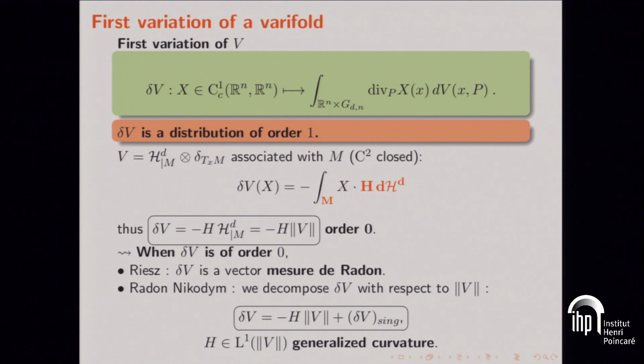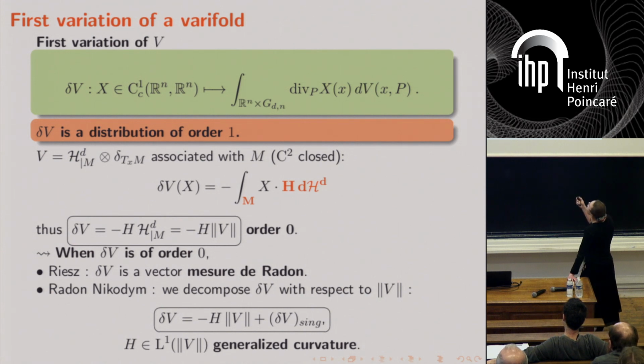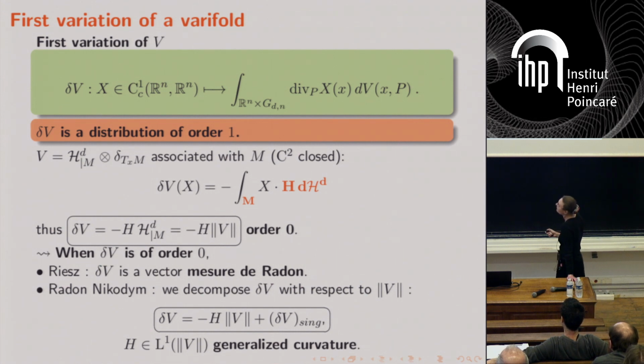So, if you want to really define the curvature, then you take your left-hand side, you see it as a continuous linear form on test functions, and through this theorem you have a measure. Okay? Well, this is only true if this is continuous for test functions in C0, and here I mean C1. So, for the moment, I only have a distribution of order 1, generally speaking.